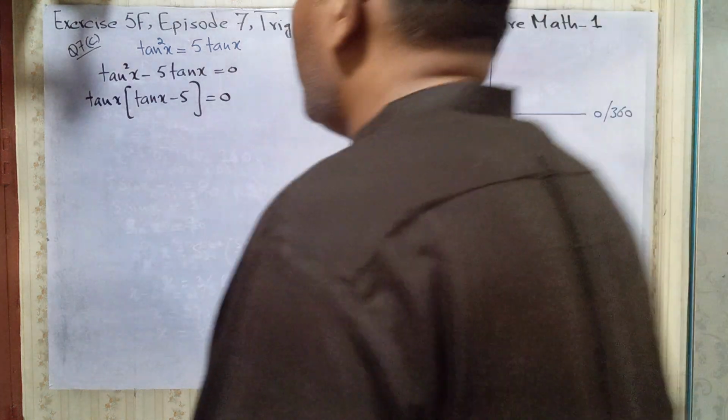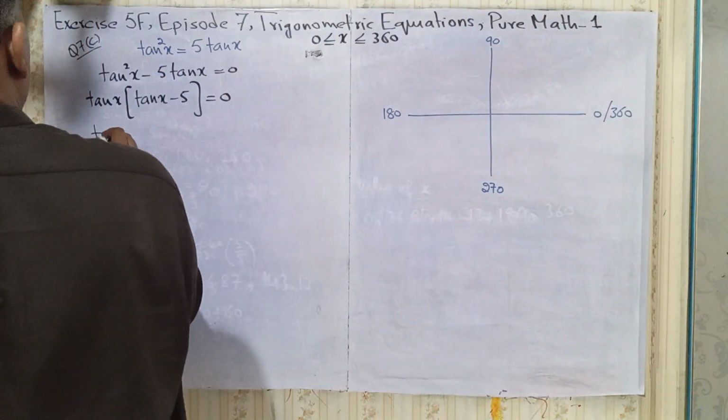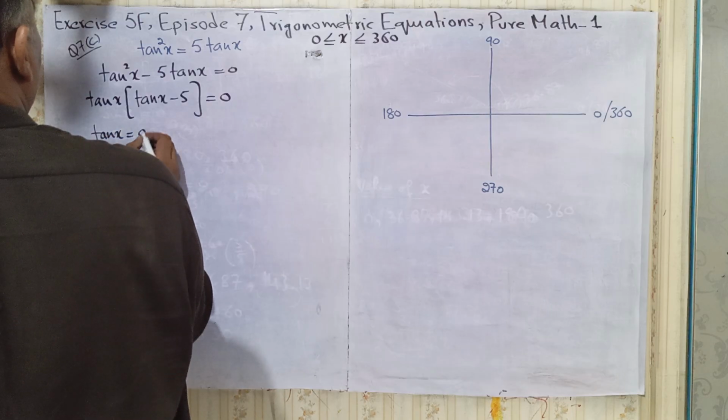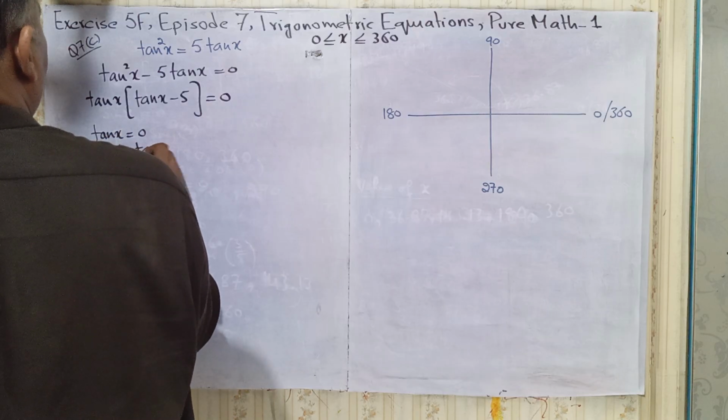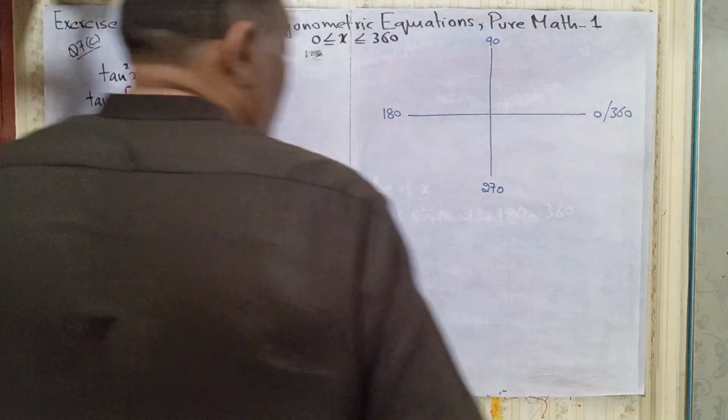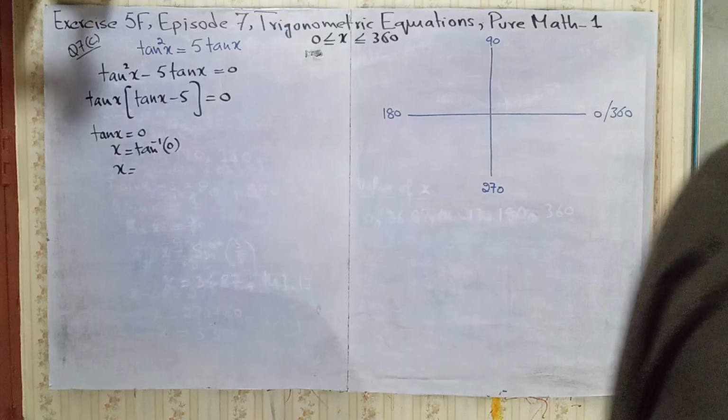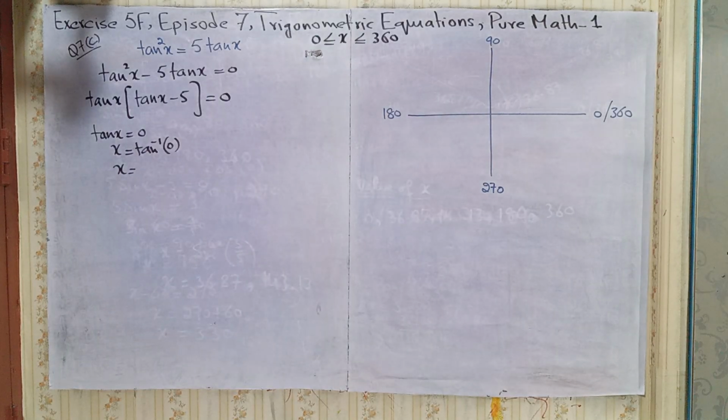So let's try first of all tan x is equal to 0. So x will be equal to the tan inverse of 0. So when is the tan 0? I'm going to use my calculator. Shift tan and 0, equals 0.